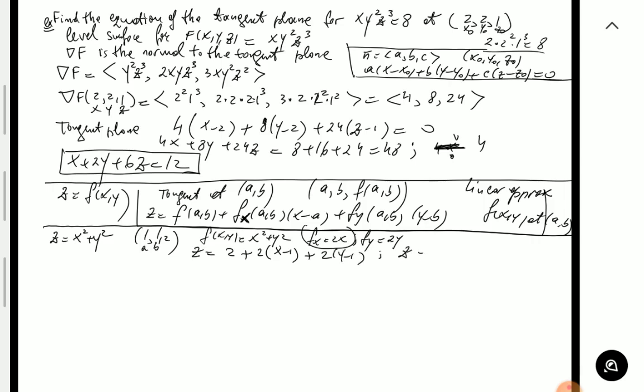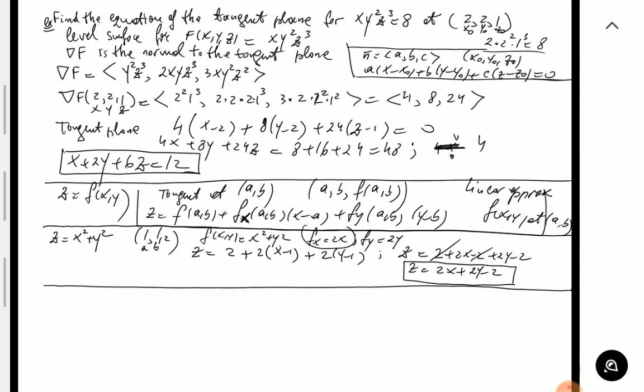So with that formula, the tangent plane is z equals 2 plus 2x minus 2 plus 2y minus 2. The 2s cancel, and then z is going to be 2x plus 2y minus 2. So that's what you get if you apply the formula for the tangent plane for the surface given by a function of two variables.